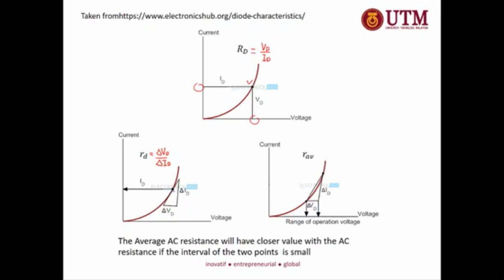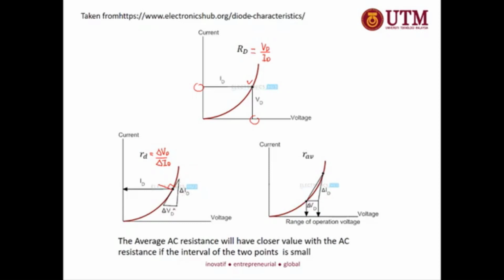This line will be at 90 degrees to the curve. So this is what we call the tangent line.